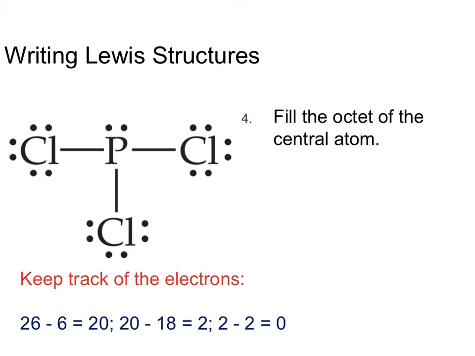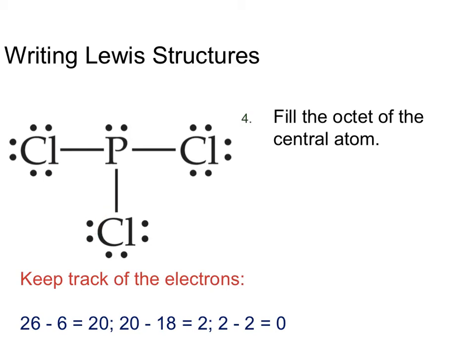And so now, let's see if our 2 overriding rules have been met. First, we have to use all electrons. We said that we had 26 electrons to work with, and so let's see if we've used them all. We have 2, 4, 6, 8, 10, 12, 14, 16, 18, 20, 22, 24, 26.